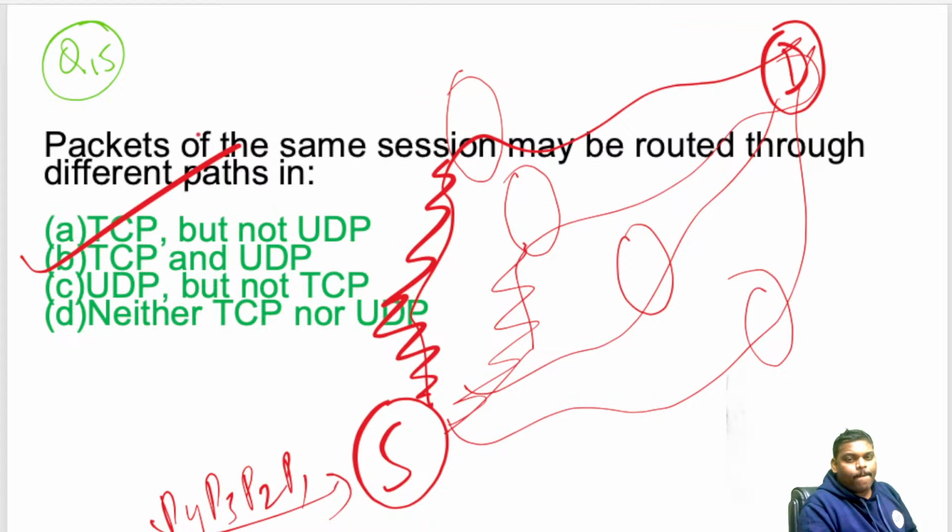Okay? Remember, TCP is connection oriented. Circuit switching means, not physically, but logically. It looks like that, but physically it is not happening like that. TCP is connection oriented, TCP is circuit switching. It looks like a connection is there, so not physically, logically.